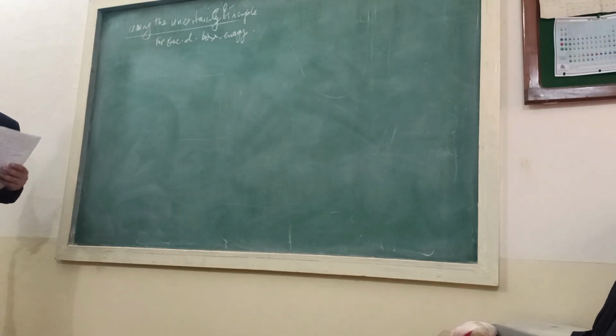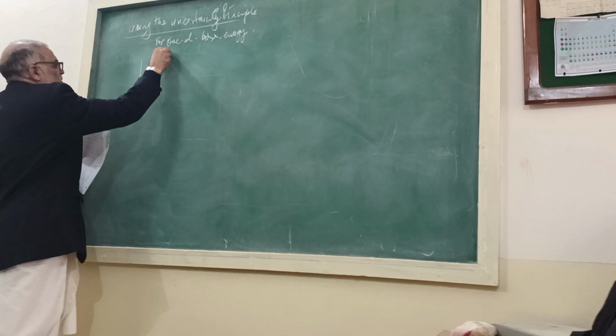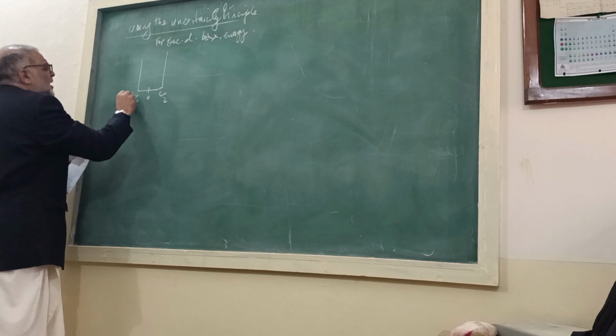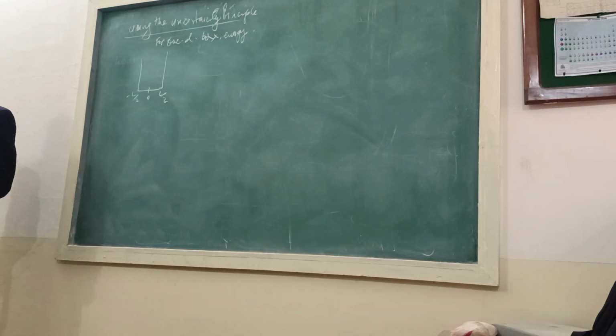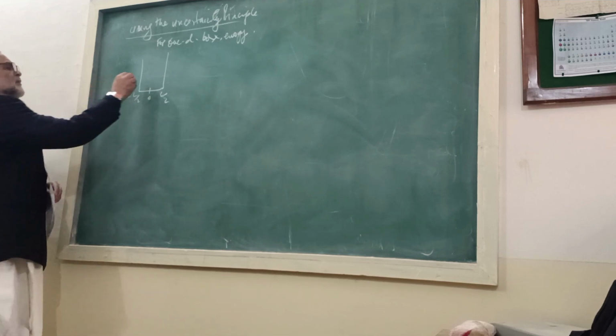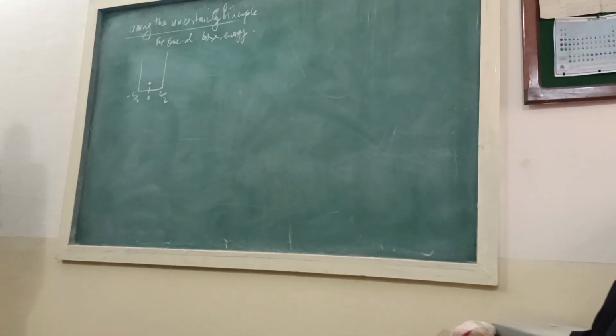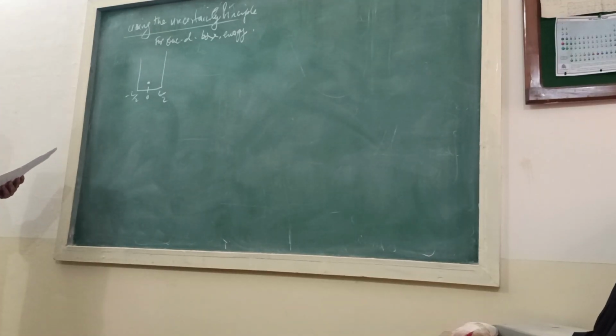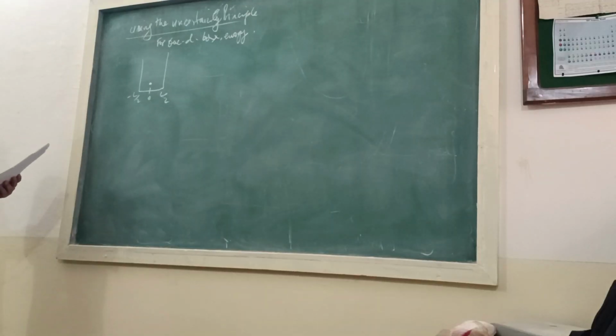We said that the box has dimensions of L, and it's a one-dimensional box. So what will be the energy of a particle in it? We have a particle that is confined to it. And what will be the energy of the particle? So we can use the uncertainty principle to approximate the energy of this particle.